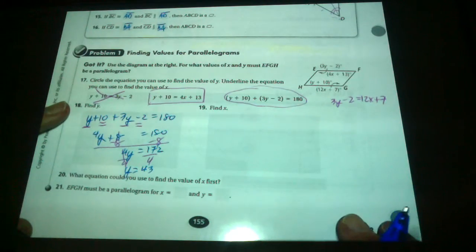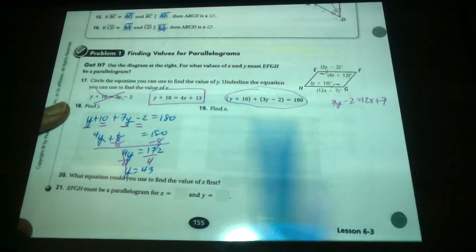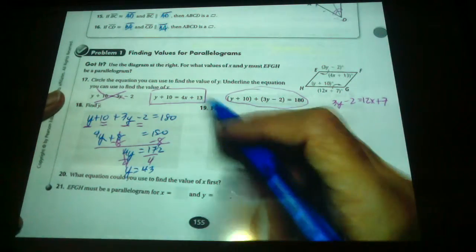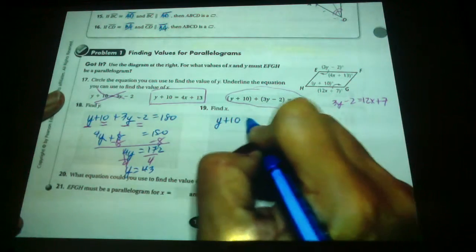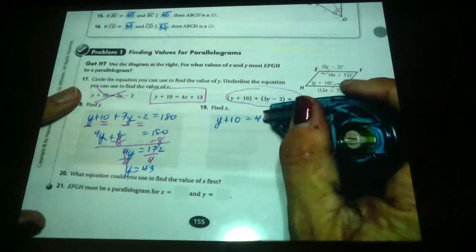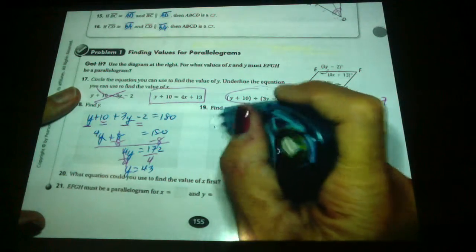And then find x. They only want x now, right? So to find x, I can use either of these two equations. Which would you prefer? Well, it doesn't matter. We'll use this one. So y plus 10 is equal to 4 times, oh, never mind, I got that wrong. I'm going to replace y.